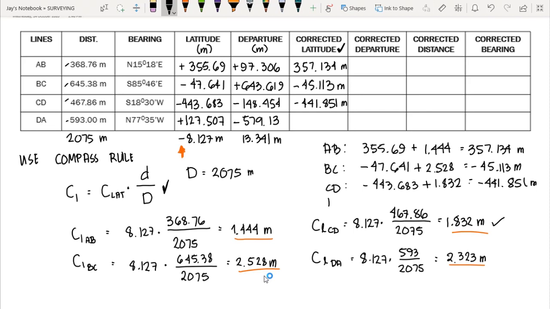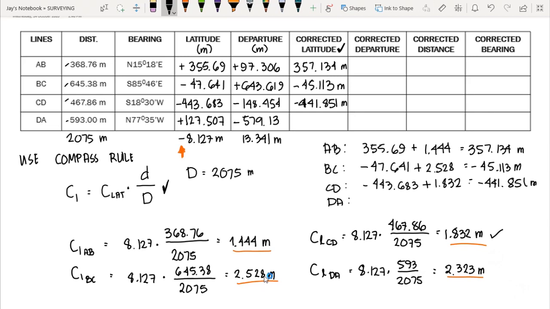Then for DA, the last one, the latitude is 127.507 plus the correction, which is 2.323. This gives us 129.83 meters, and that is positive.